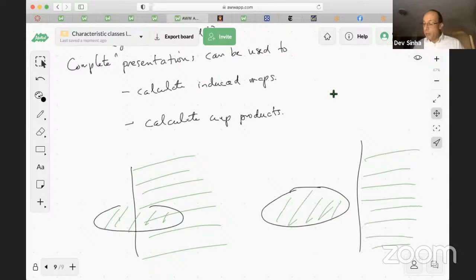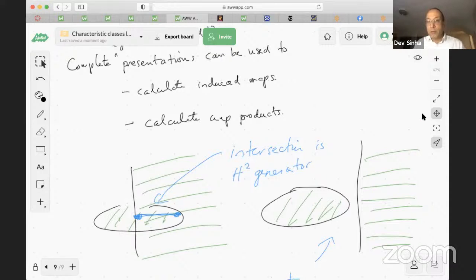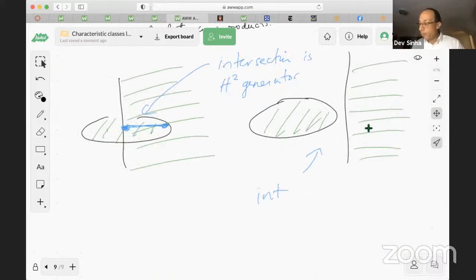And what we see is that in the first case, the intersection spans the two removed objects. So the intersection is a representative for H upper 2. So that cup product is non-trivial, where here the intersection is empty. And so that means that we have a zero cup product.